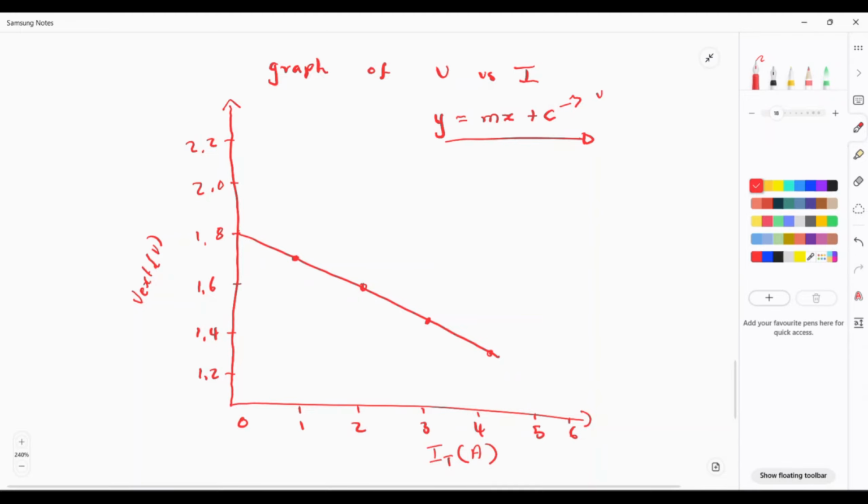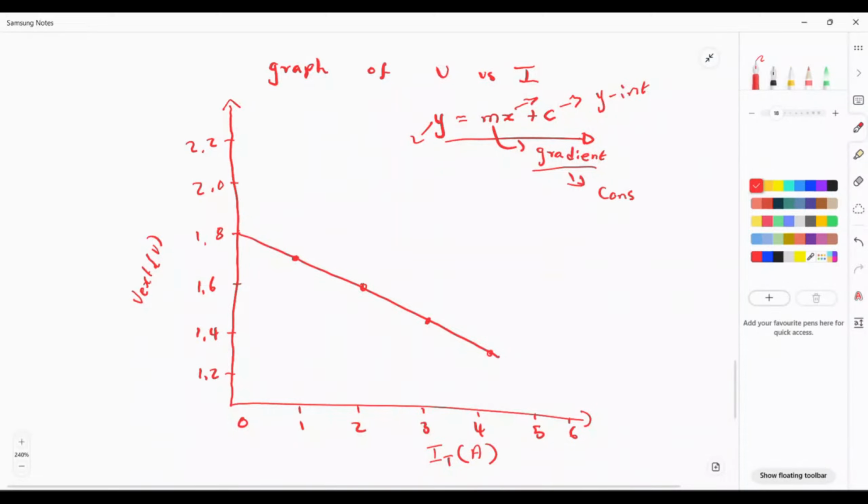This is the y-intercept. What is m? This is the gradient. And don't forget that a gradient is constant in a straight line.